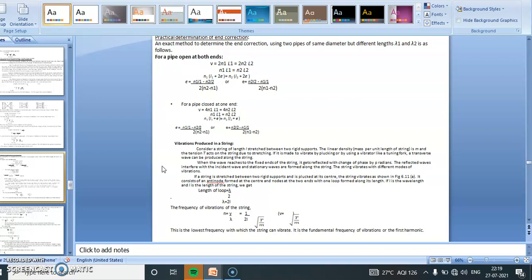Same here, V is equal to 4 N1 L1 is equal to 4 N2 L2. Then here the 4 gets cancelled, we get N1 L1 is equal to N2 L2.